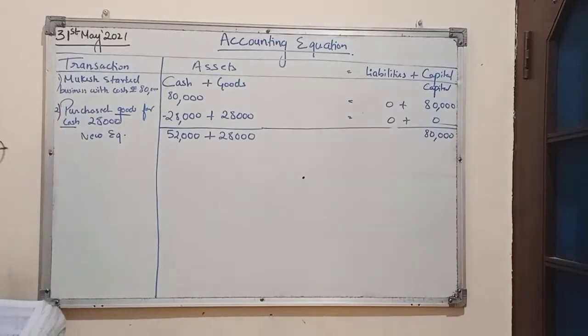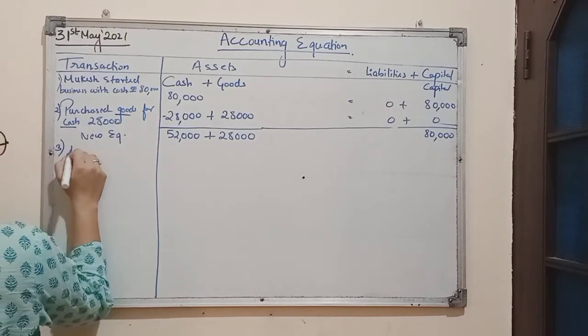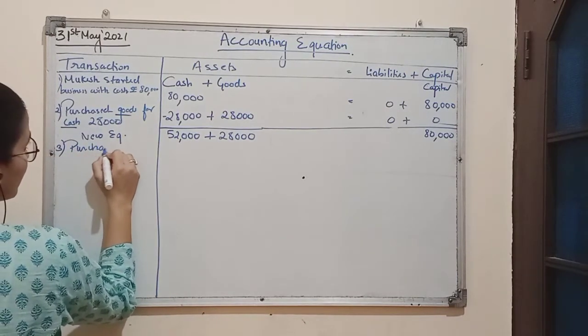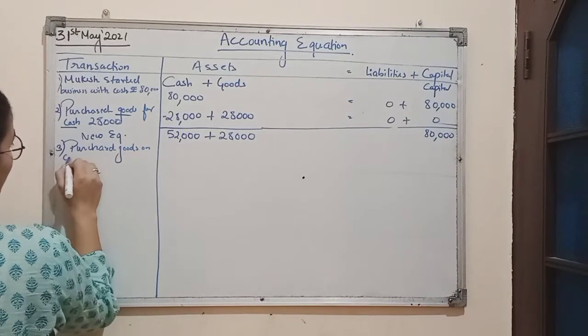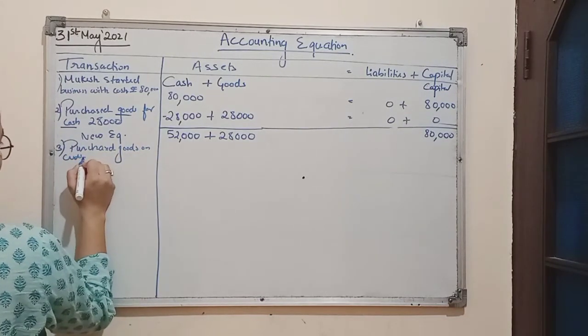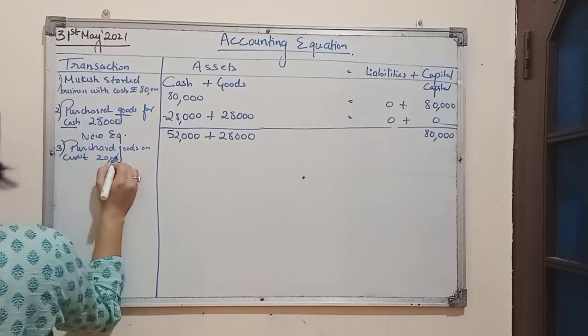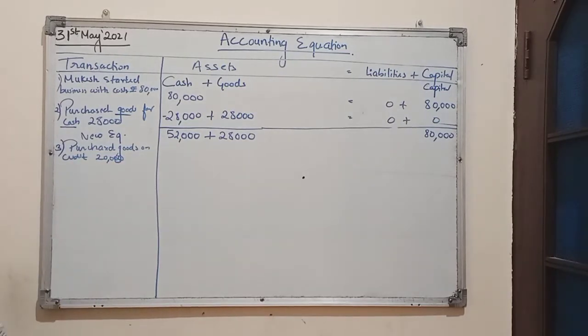Capital amount is 80,000. Now the next transaction is purchased goods on credit amounting to rupees 20,000. Here goods have been purchased, but they have been purchased on credit. We have not made the payment yet, but we will pay the amount in the future.